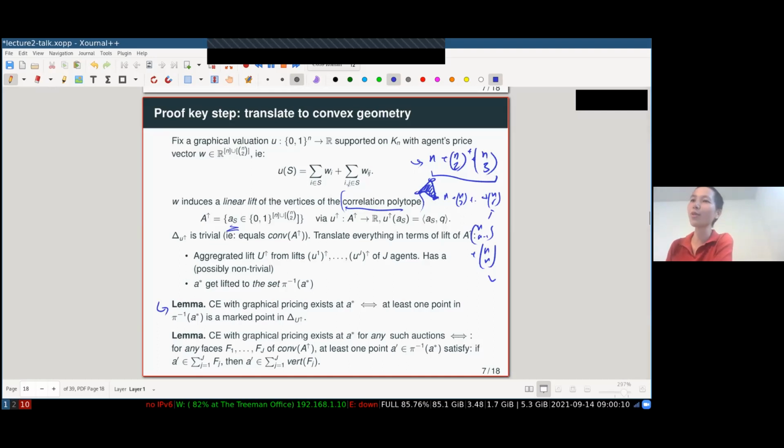Then for sure in this case, you can get competitive equilibrium. That's because when you lift it up to this height, that polytope upstairs is effectively a simplex in a very, very high dimension. And because everything is a simplex, then you're good.